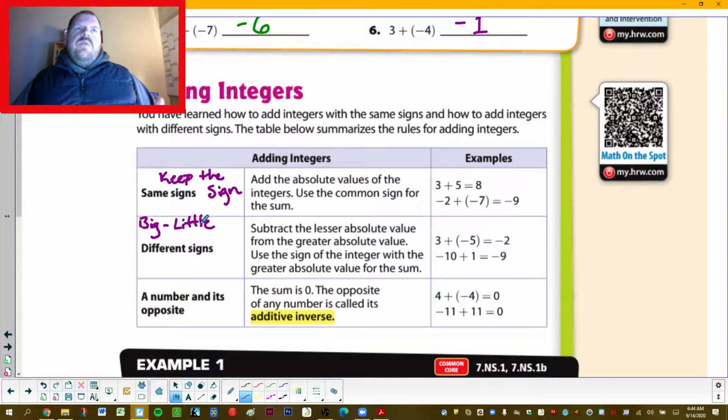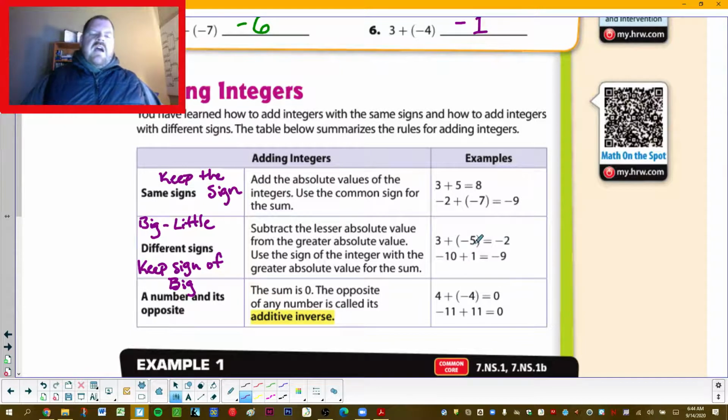Technically, we did this when we used the counters. We used some subtraction ideas here. But we want to go the big number minus the little number, and we want to keep the sign of the larger, or I'm going to say of the big number.